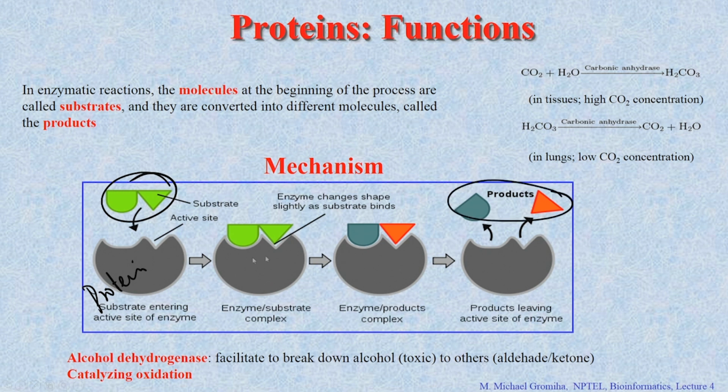If you see the enzyme protein here, the substrates bind with the protein at the active site. I mentioned that a few residues, 3 to 4, are involved in the catalysis, and this site is called the active site. So, the substrate interacts with the active site, the enzyme changes shape and binds the substrate, and then the products come out.